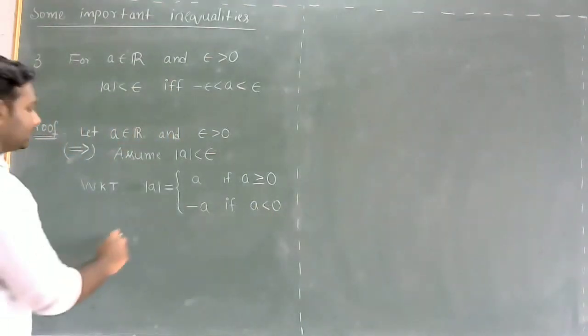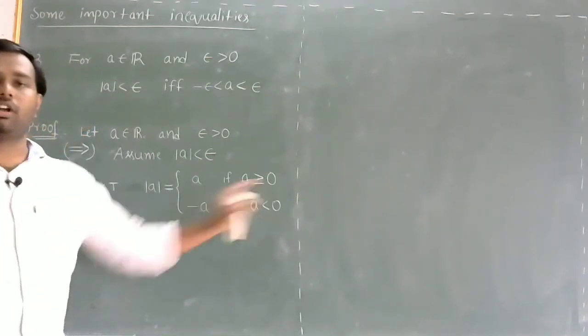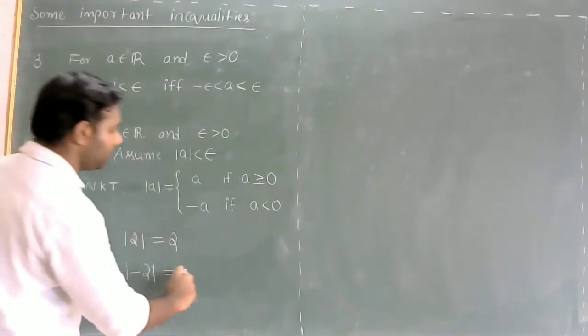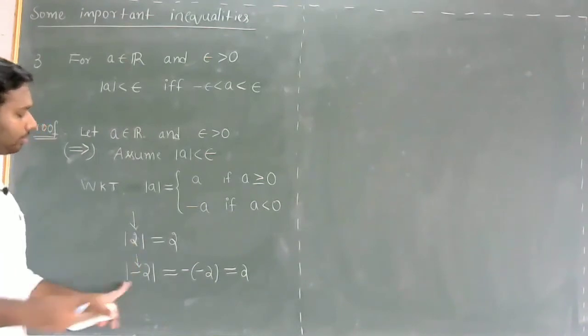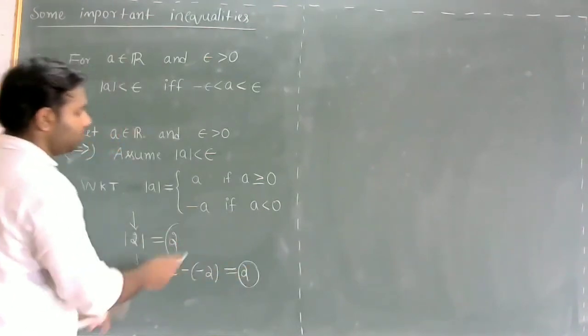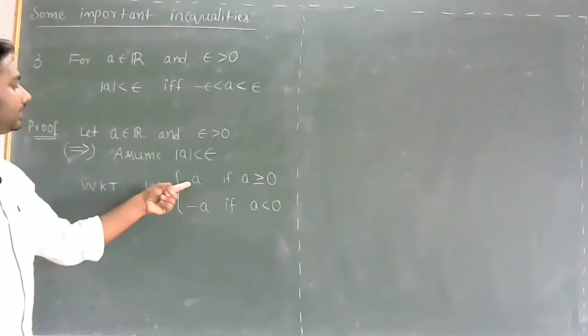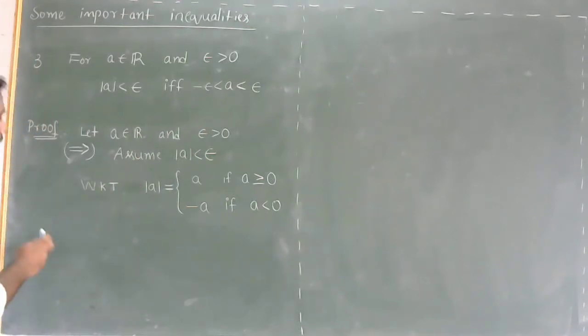For example, modulus of 2 is defined to be itself as 2 is non-negative, whereas modulus of minus 2 is defined to be minus of minus 2, which is positive. That means whatever value you give to the modulus function, it converts it into a positive value. Now, based on the value of modulus, we have to prove a lies in between minus epsilon and plus epsilon. As there are two possibilities, we have to discuss both the cases.